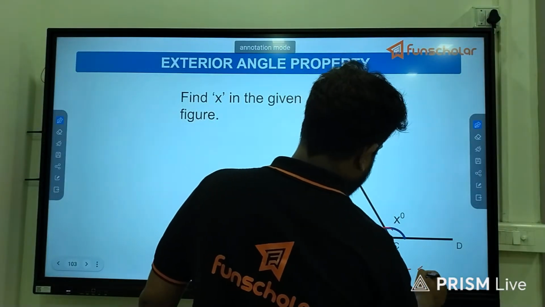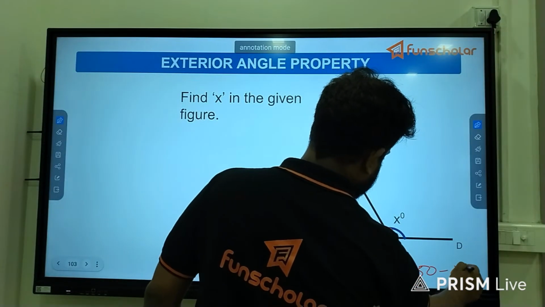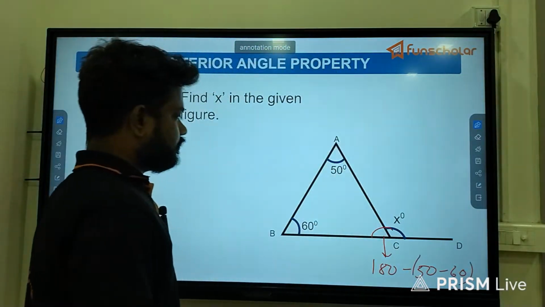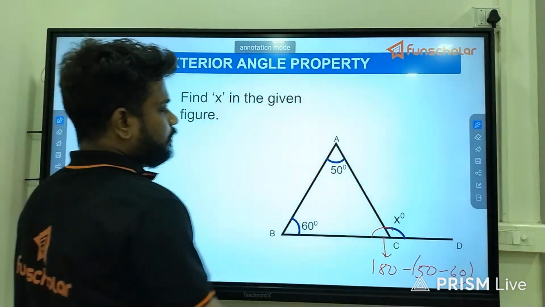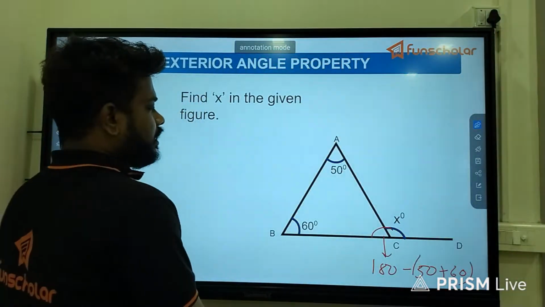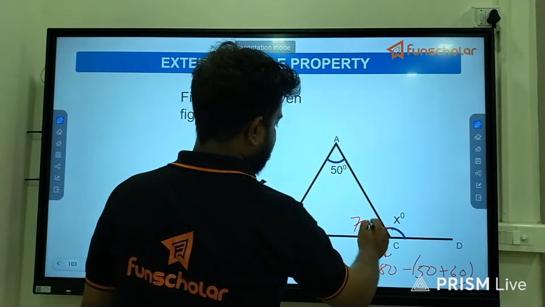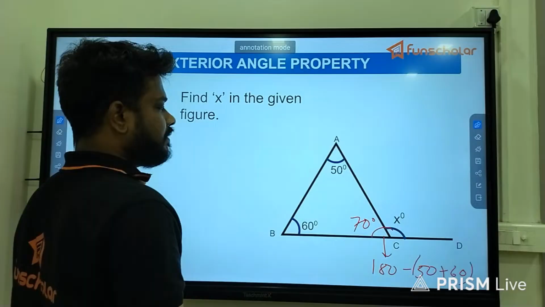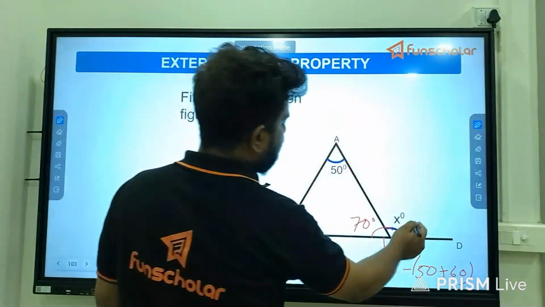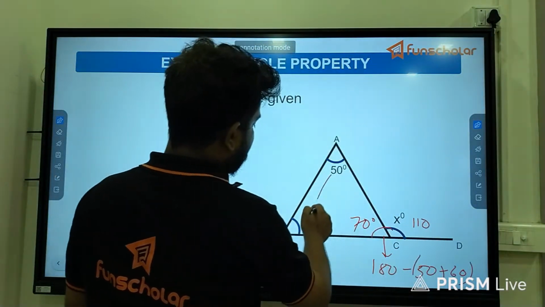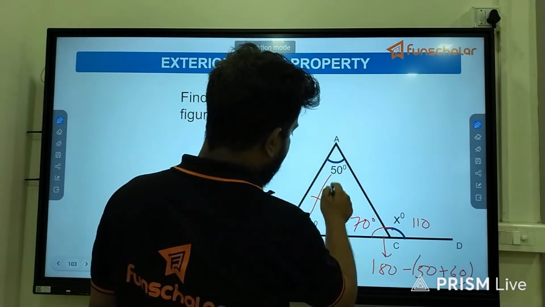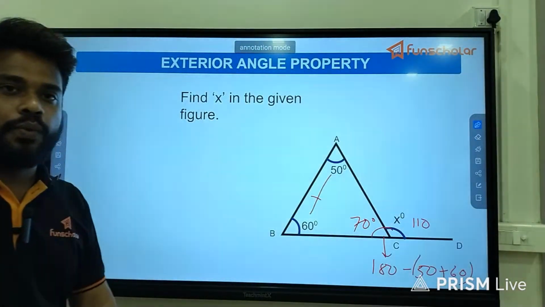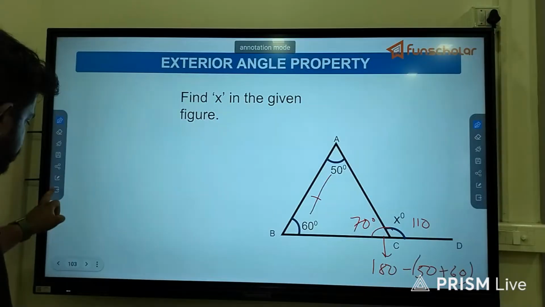So 180 minus 50 minus 60 will be 70. So this is 70. If this one is 70, it will be 110, and check: if I add these two, it will be 110. Okay.